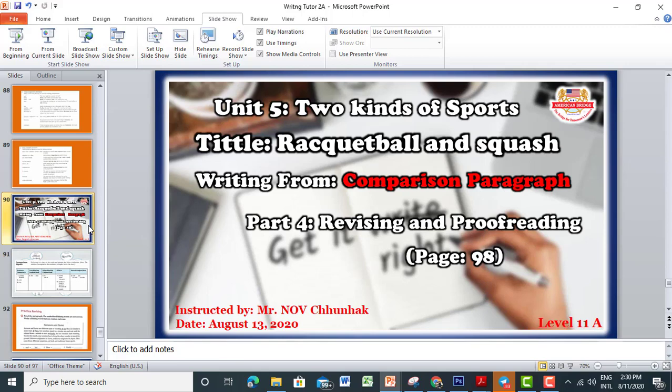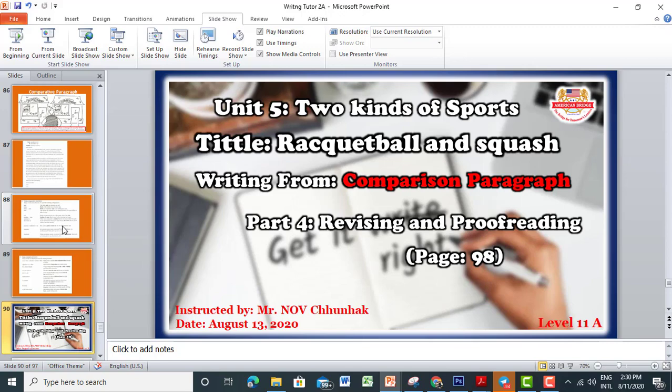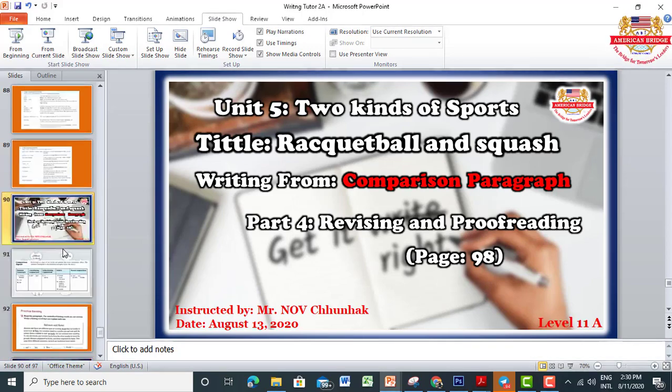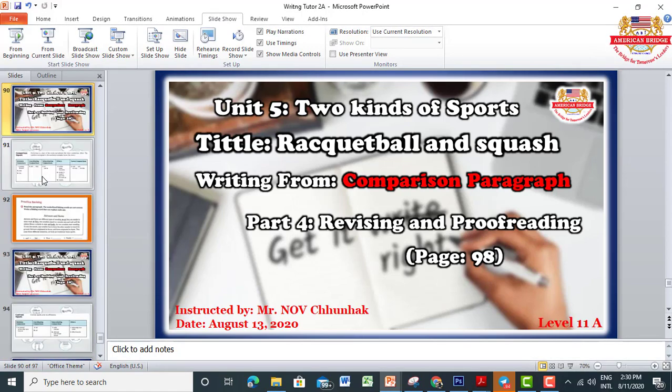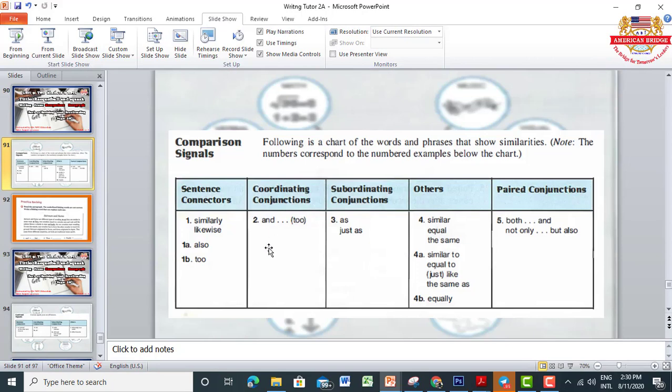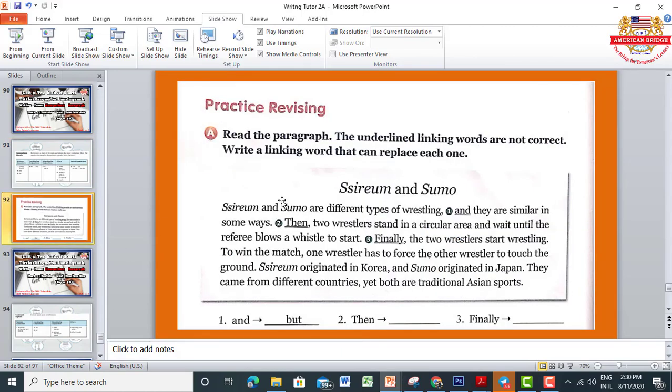And to continue our lesson about writing, teacher would also like to review what you learned yesterday, everyone. Okay, you have learned the comparison signals like similarly, likewise, also, too, and you have practiced revising a paragraph comparing sumo and ssireum.